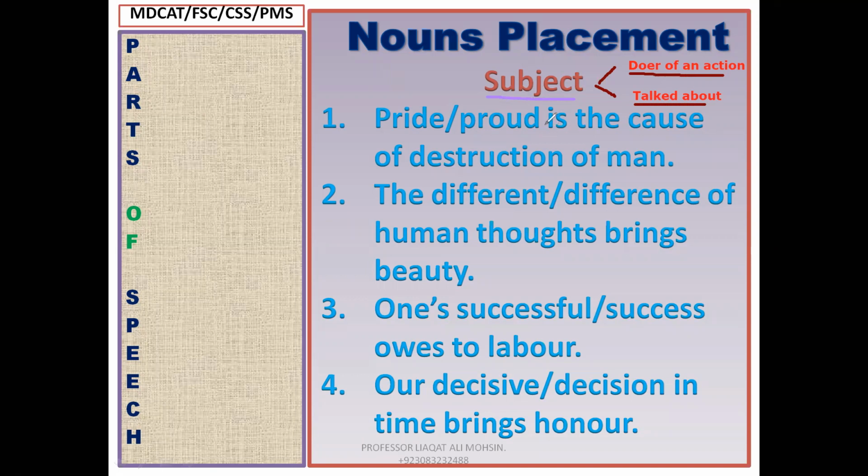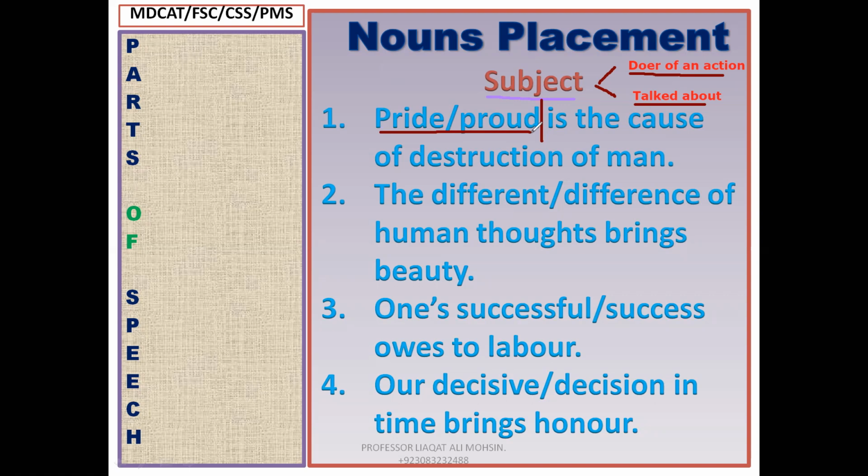We can conclude that the boundary of the subject is before the auxiliary verb or the main verb. Sometimes sentences contain auxiliary verbs, sometimes they have only main verbs, like in present simple or past simple. Before that is the subject. The rest of the sentence is called the predicate: is the cause of destruction of man. This is the predicate.